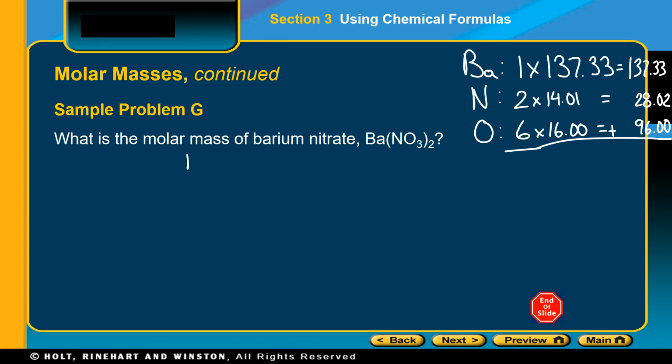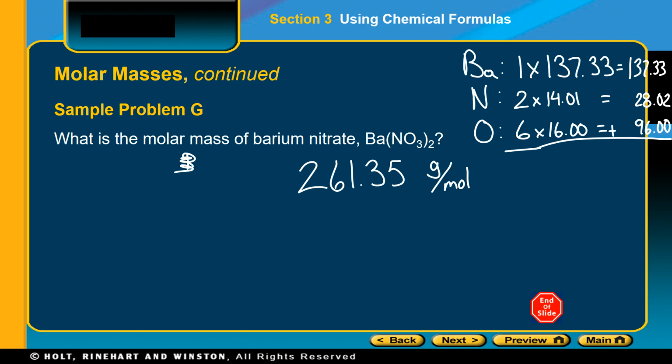So 6 times 16 gives me 96. So what atomic mass do we come up with for barium nitrate? 261.35 grams per mole. So for every 1 mole of barium nitrate, I'm going to have a mass of 261.35.